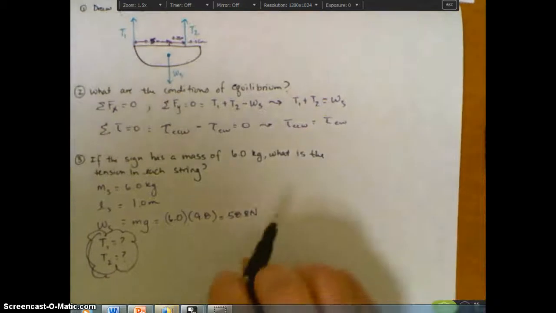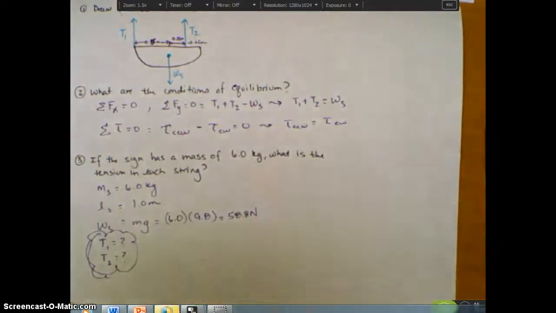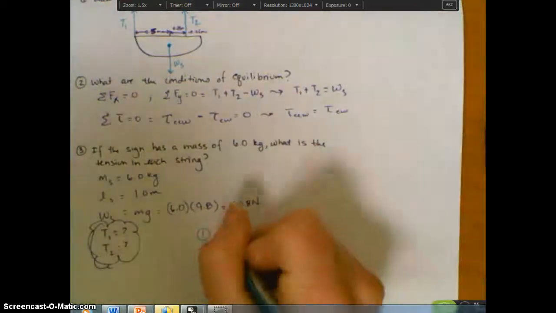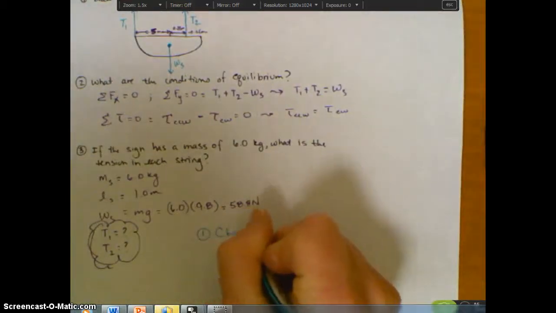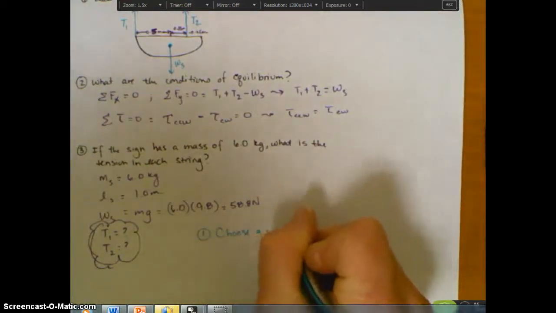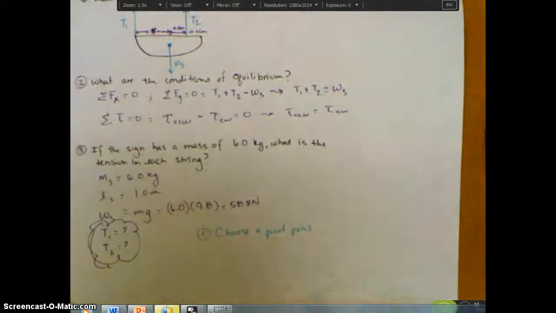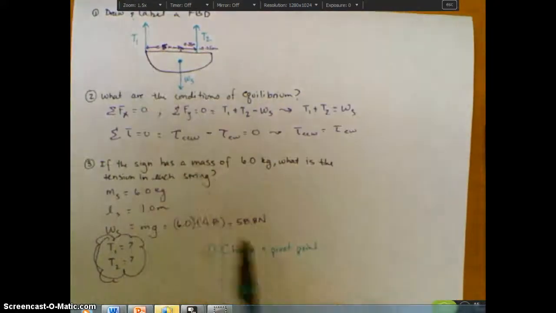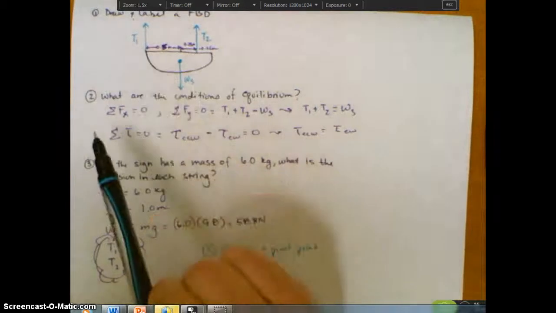To solve those, the first thing I'm going to do when I consider torque is choose a pivot point. I'm going to choose this point right here, right where T1 is, to be my pivot point.